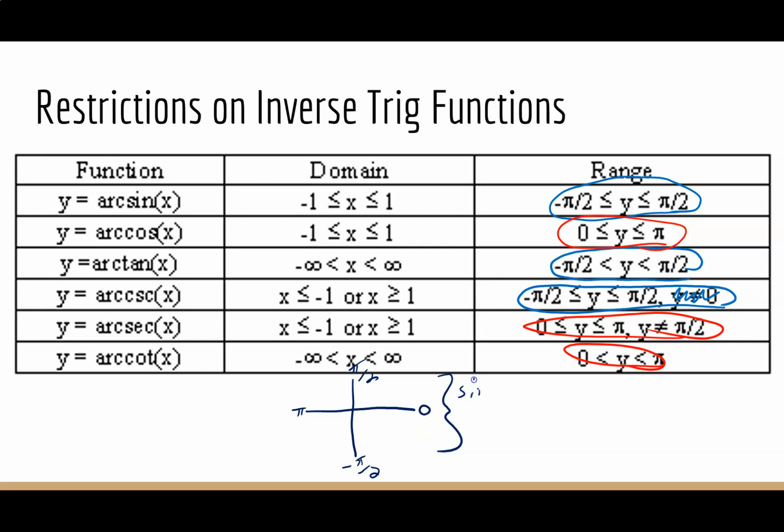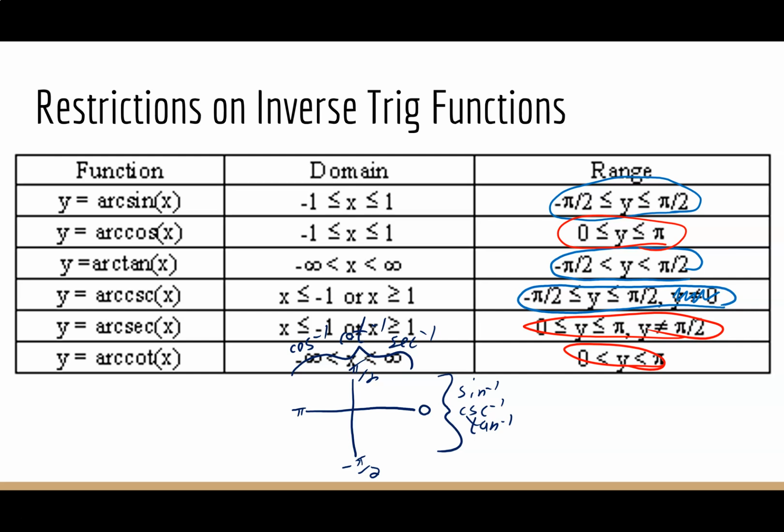So that is the inverse sine, inverse cosecant, and inverse tangent. Those live in the first and fourth quadrant. The other ones live in the first and second quadrant, 0 to pi. So cosine inverse, cotangent inverse, secant inverse. So each one of those also has an appropriate location where it's plus and minus, so you can always know which quadrant you are in, so that when you're looking on your unit circle, you know where to look.